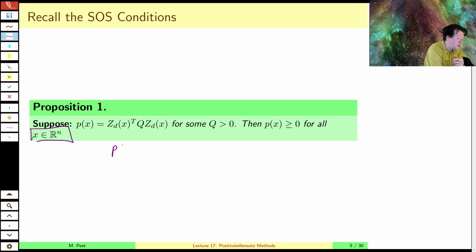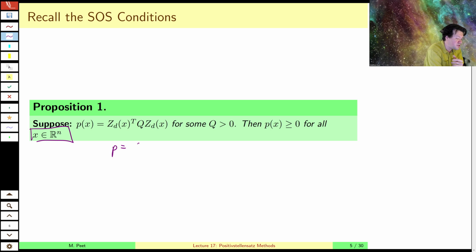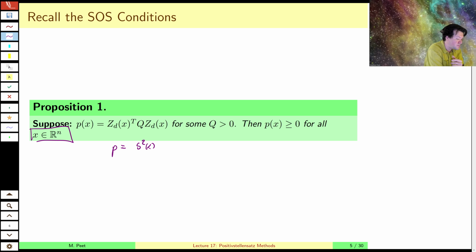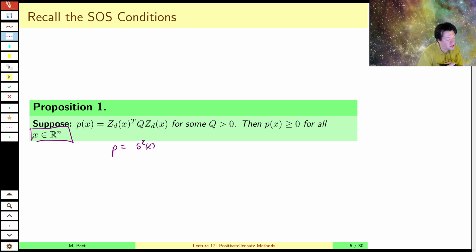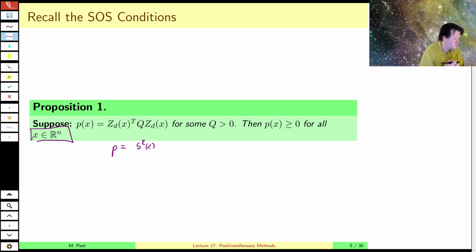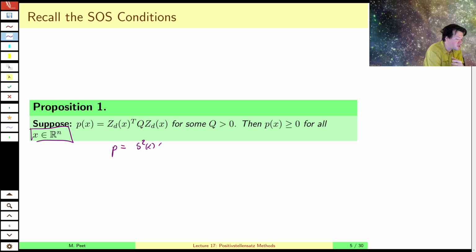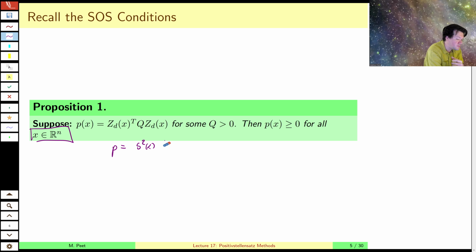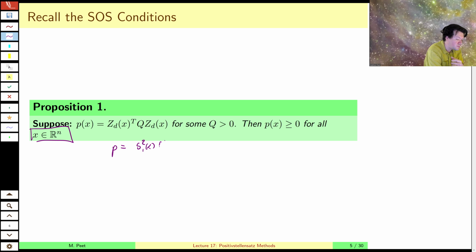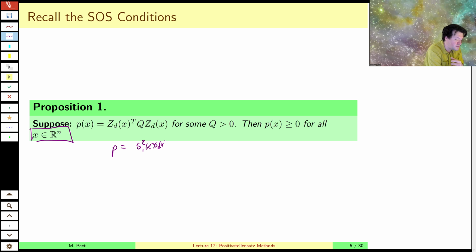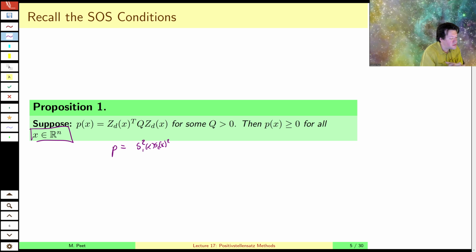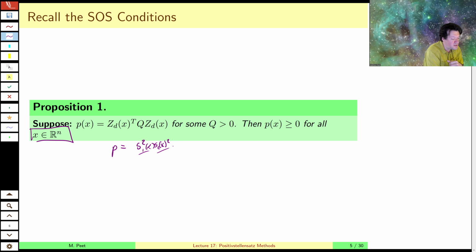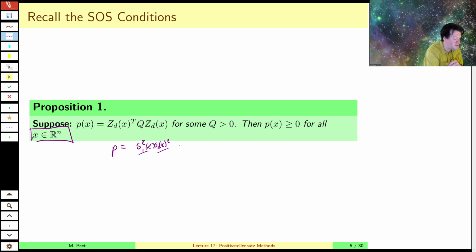So if, for example, P is a square, then squares are positive, therefore it's positive. If it's the product of squares, deduction: S1 is positive, S2 is positive, therefore the product is positive.